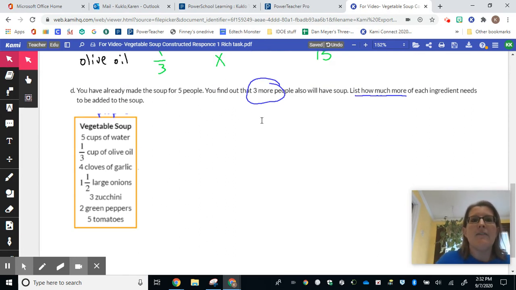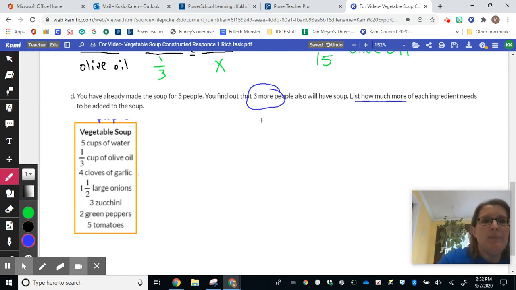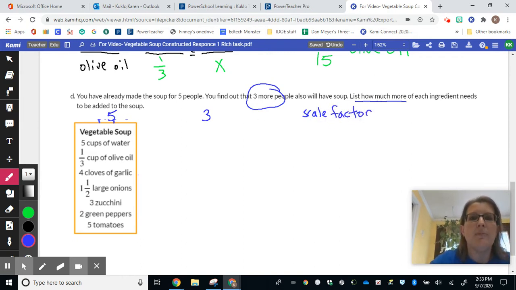So I have a recipe that feeds 5 people, but now I need to figure out how much I'm going to need to add to feed 3 people. So to find my scale factor, I know that the original times the scale factor is the new.